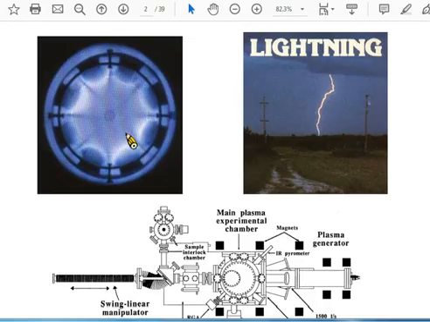From this figure and from the lightning, we can see that once plasma is generated, it also emits light. So plasma is composed of photons, electrons, ions, and also neutral particles. Plasma is a mixture.